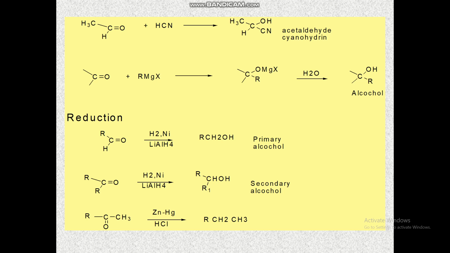Next, reduction reactions. Carbonyl compounds get easily reduced by various types of reducing agents. Aldehydes are reduced to primary alcohols, while ketones get reduced into secondary alcohols.